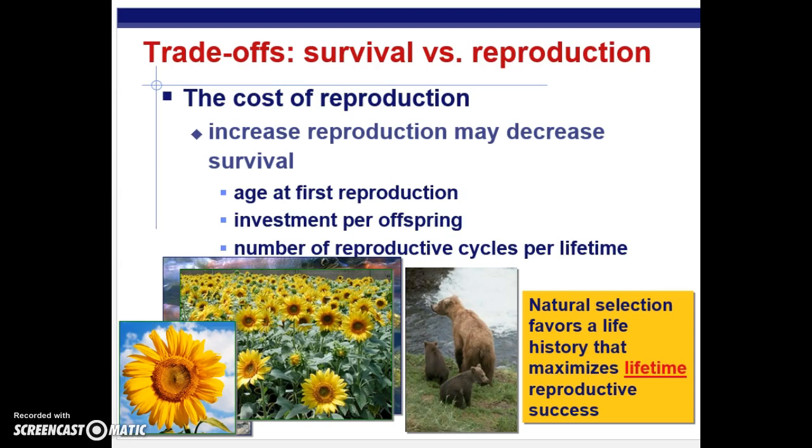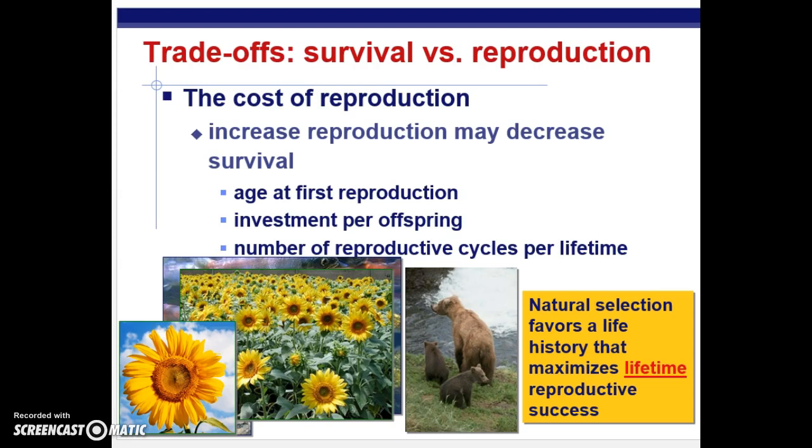Part of what's involved in this is a trade-off or a balancing act that's measuring the cost of reproduction to the population. So if you increase reproduction, you can oftentimes decrease the survivability of a population.